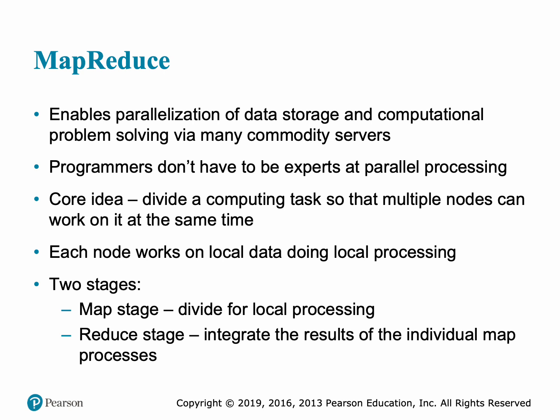The model can be inefficient for iterative algorithms and real-time processing tasks, as it involves significant disk I/O operations and latency in task scheduling. To address these limitations, alternative processing frameworks such as Apache Spark have been developed to provide more advanced and flexible data processing capabilities. Despite these challenges, MapReduce remains a fundamental concept in the field of big data and distributed computing.